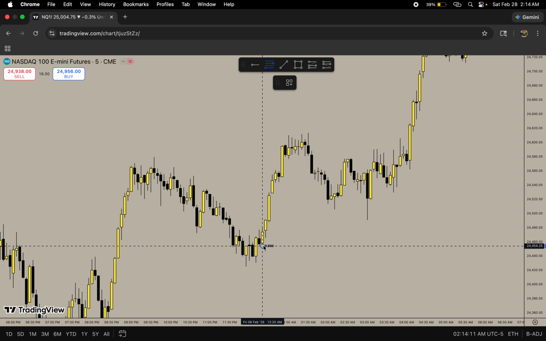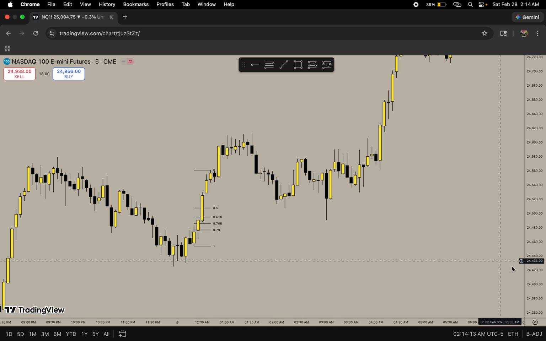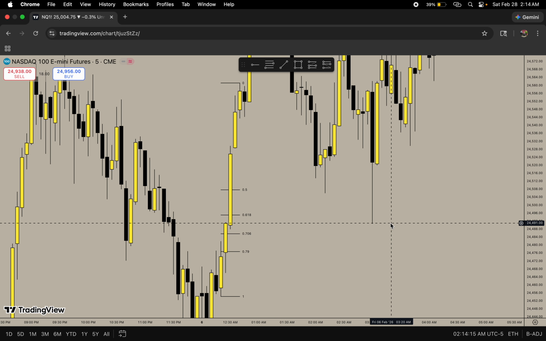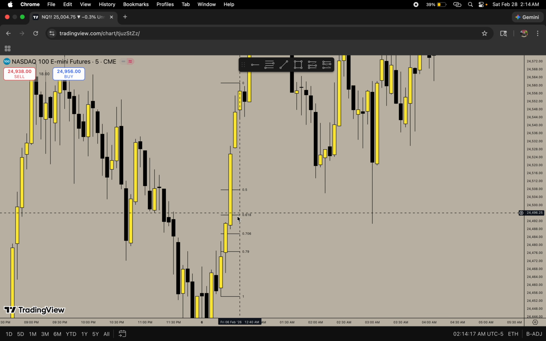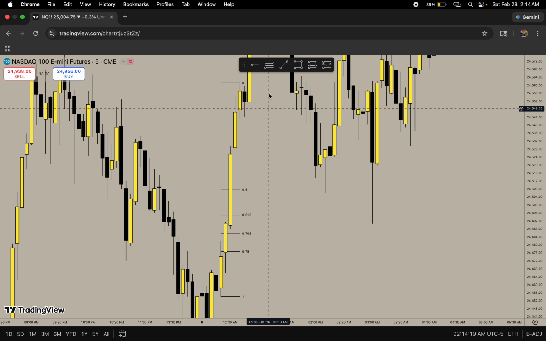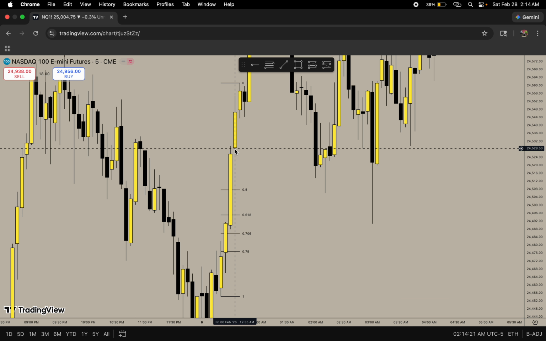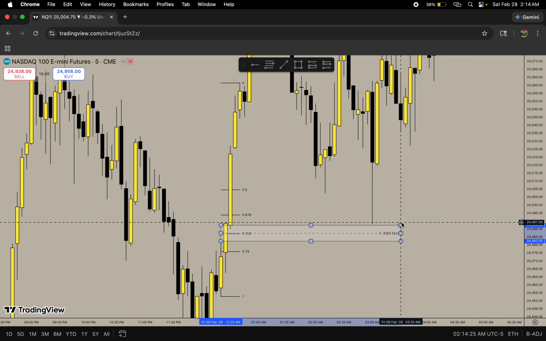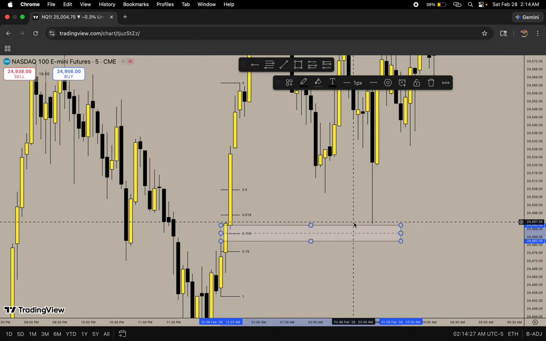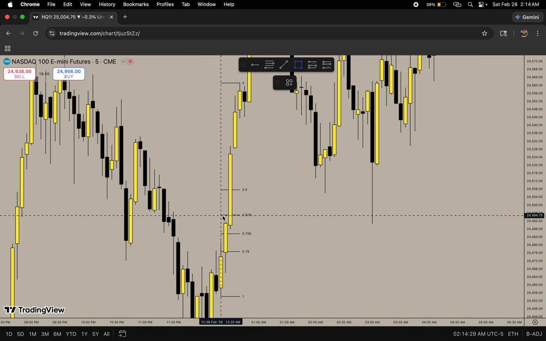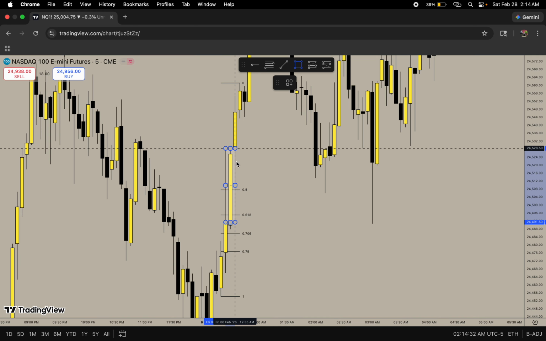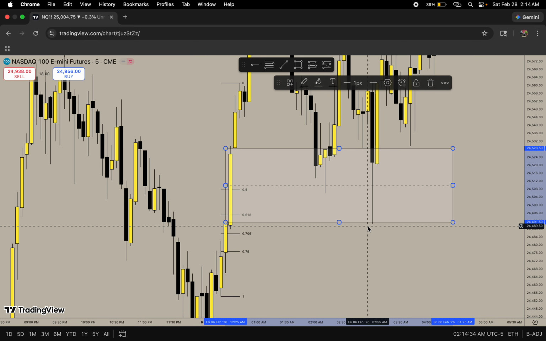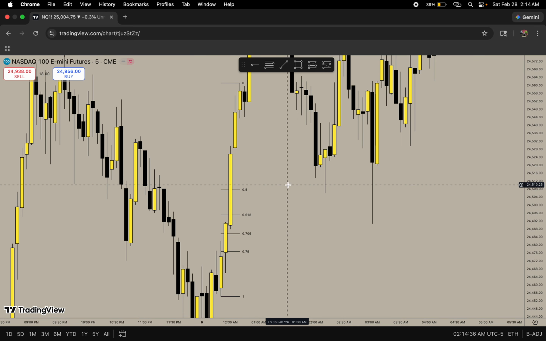Same thing, you have this move. You have this gap here, this gap here. Price misses that one. In this case, this would have been a tricky one because price literally filled the whole gap.